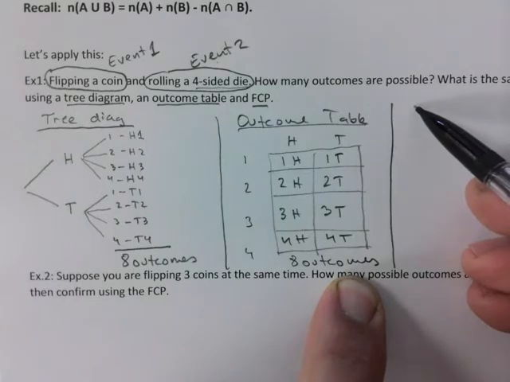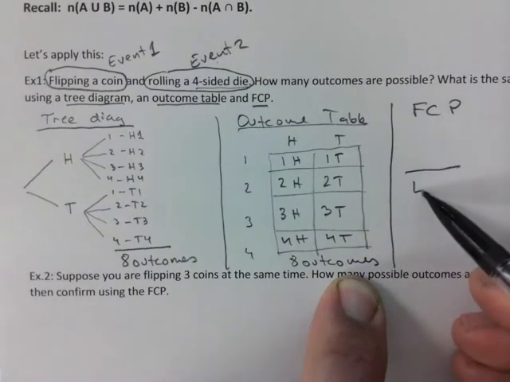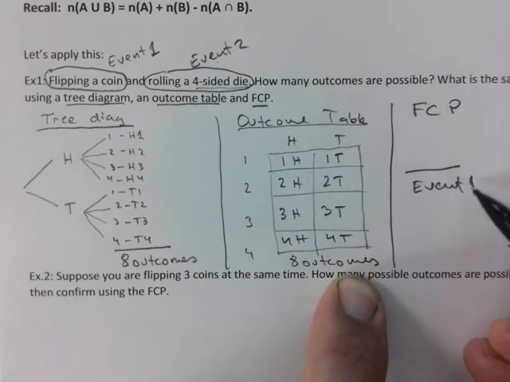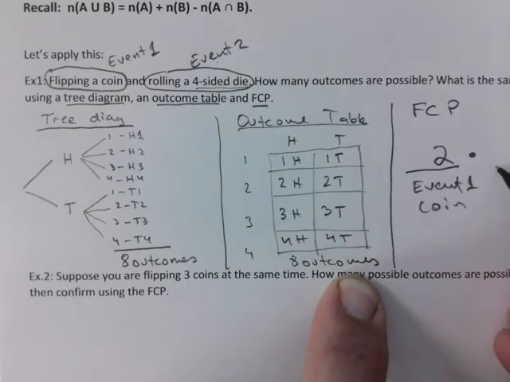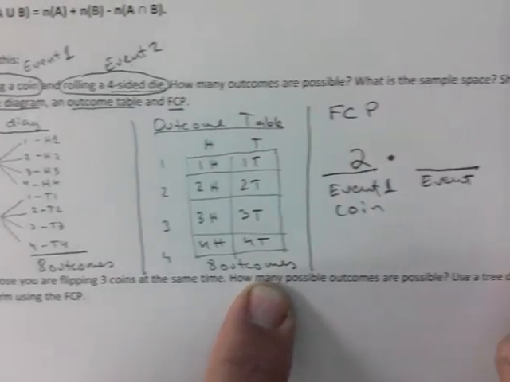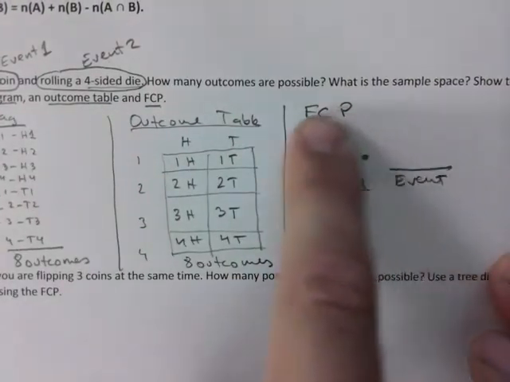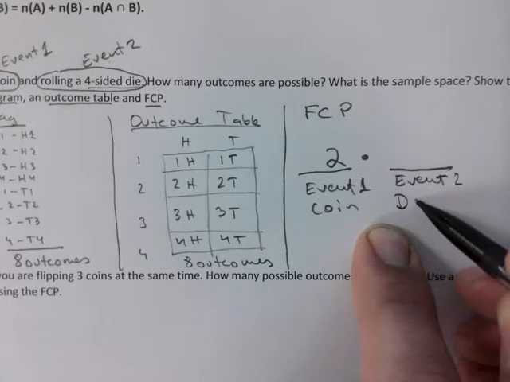Okay, then is the fundamental counting principle. Event 1 is the coin. I have 2, right? This is what I'm going to use most of the time, the fundamental counting principle. Event 2 is the die.